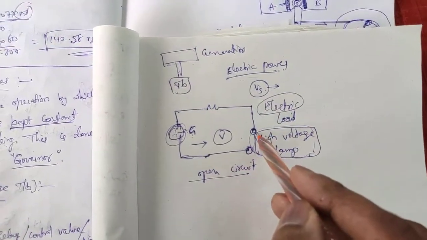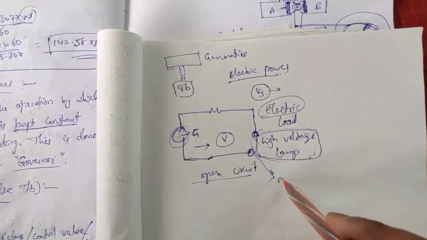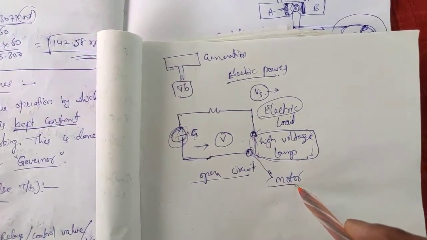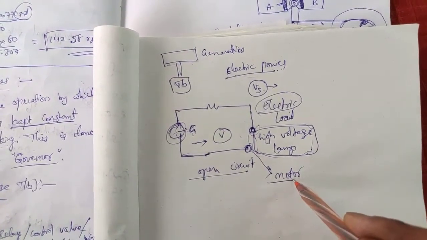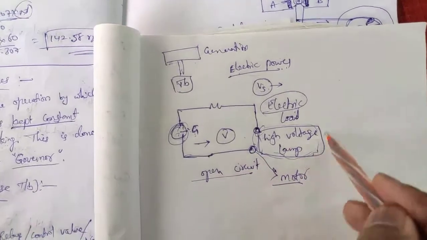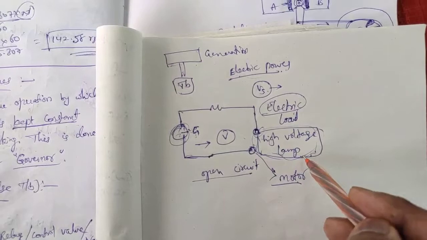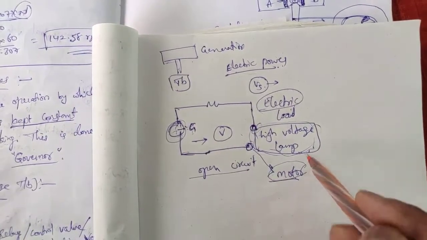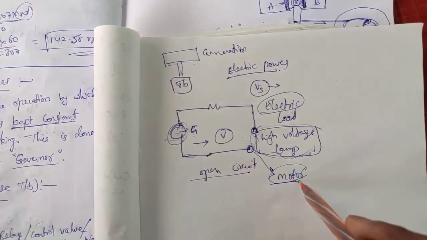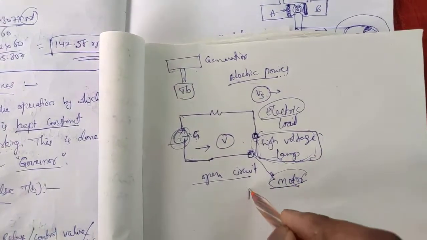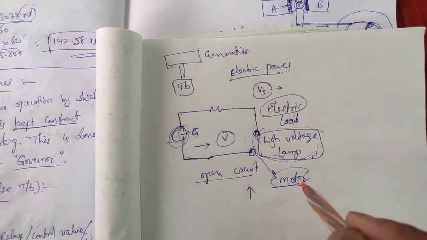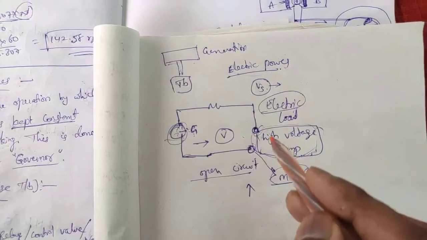If these terminals are connected with a motor, suppose, this motor consumes more power than the high voltage lamp. Am I right? So by connecting the motor to this power supply, the load is increased. This is the load in the electrical circuit.